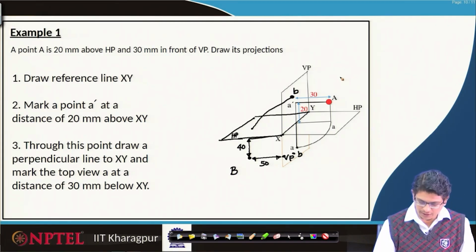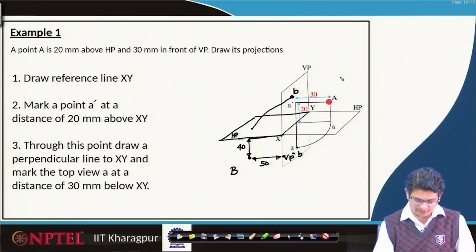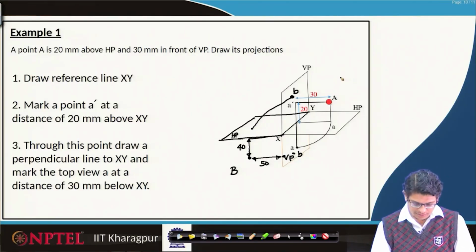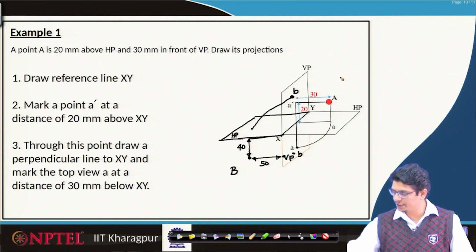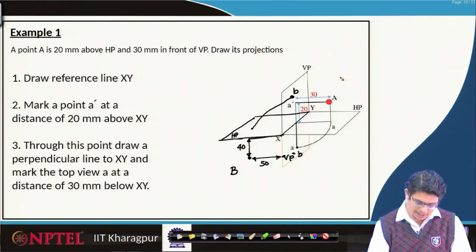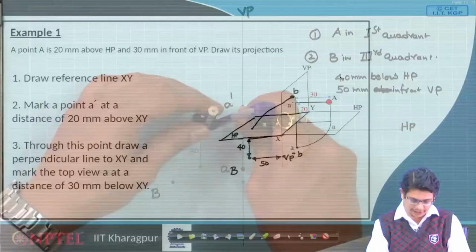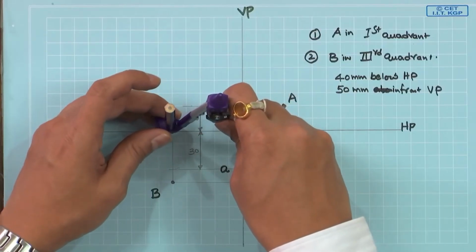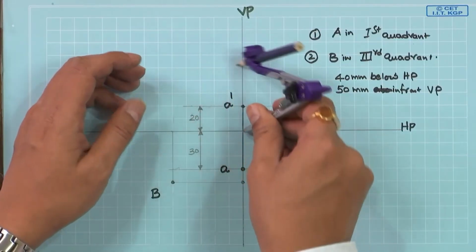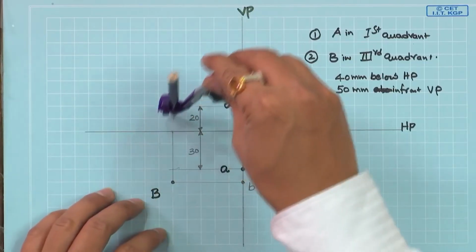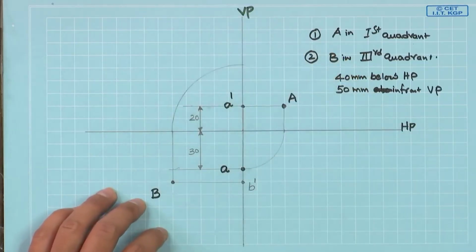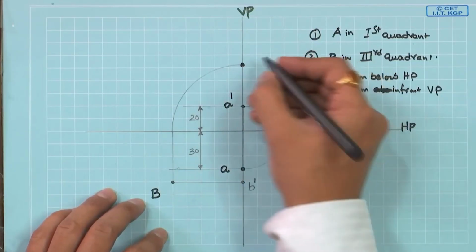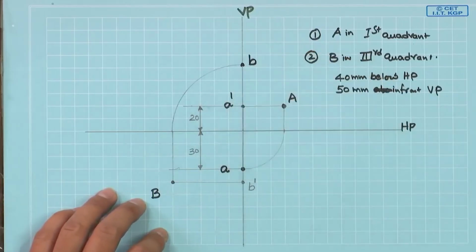This is what we call B prime. On the horizontal plane, we first project it onto the horizontal plane, then make an arc, rotating this point by 90 degrees. Once we rotate, this point moves on to this point B and this one is B prime.